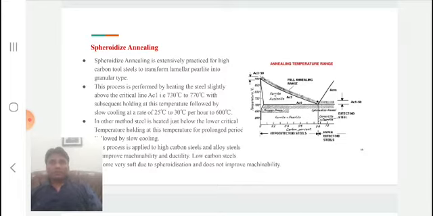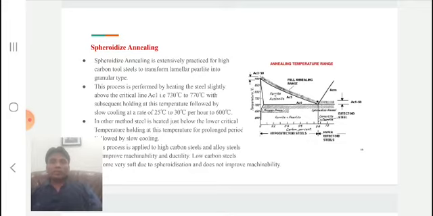In the other method, it is heated just below the A1 line temperature, holding at this temperature for a prolonged period, followed by slow cooling.